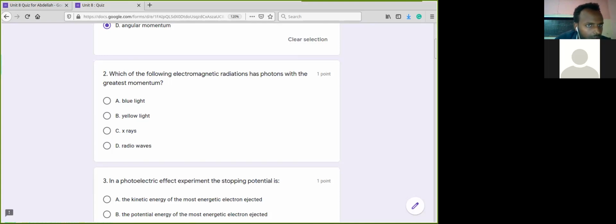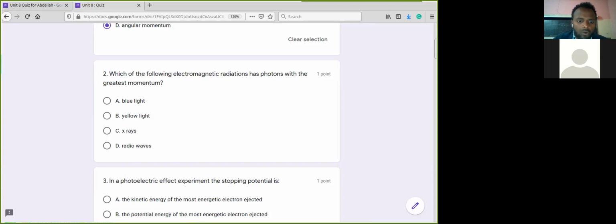X-ray. Good. So why? What is the momentum of electromagnetic radiation? H over the wavelength. Yeah, H over the wavelength.